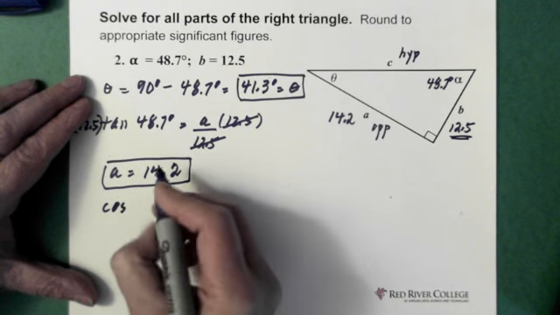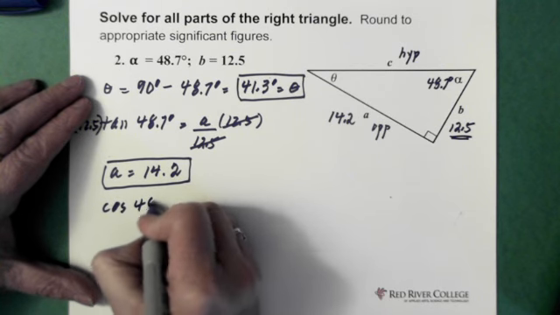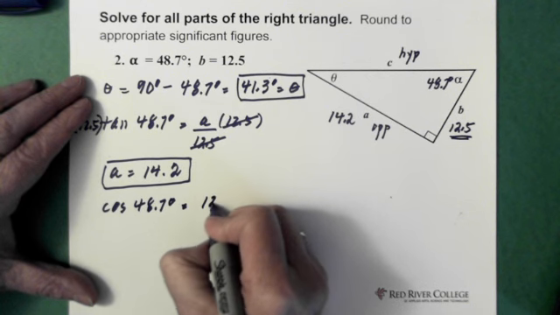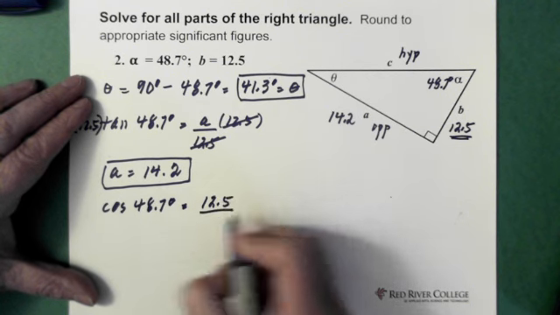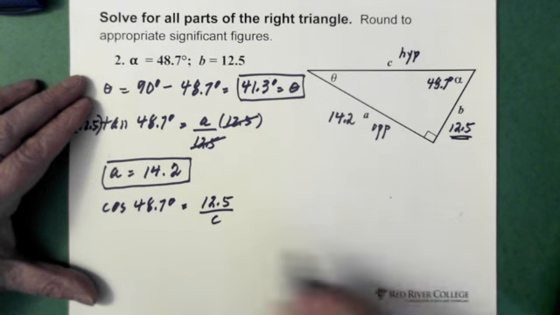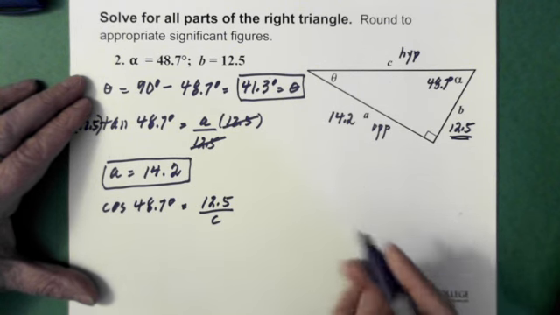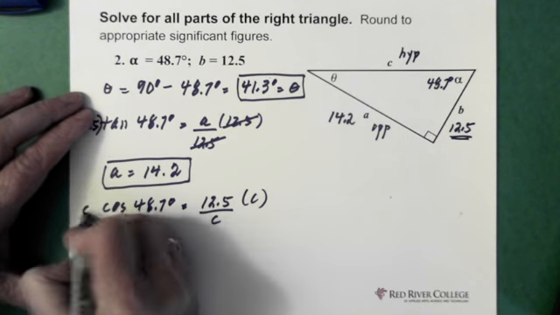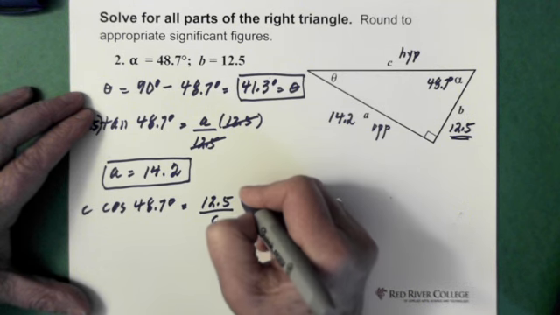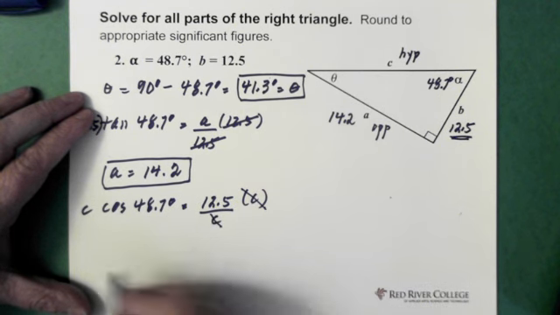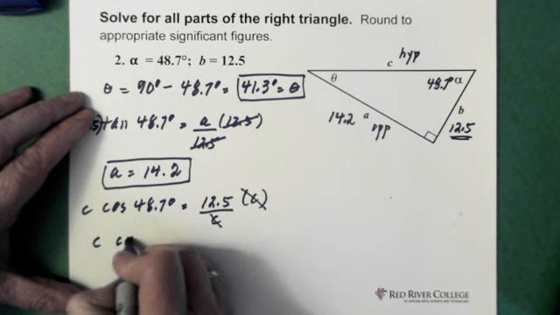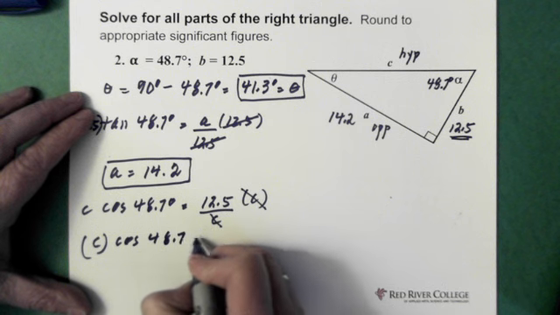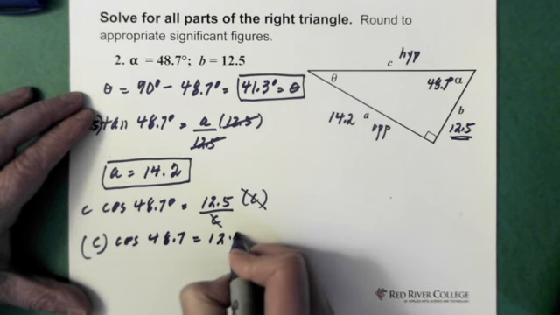So the cos of 48.7 equals the adjacent side, which is 12.5, over the hypotenuse, which is C. We want C by itself, so we multiply by C on both sides. These two cancel, and so we have C times the cos of 48.7, which equals 12.5.